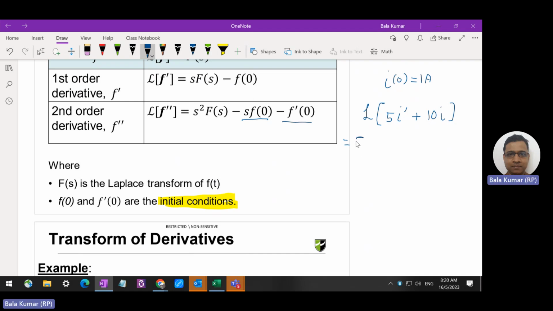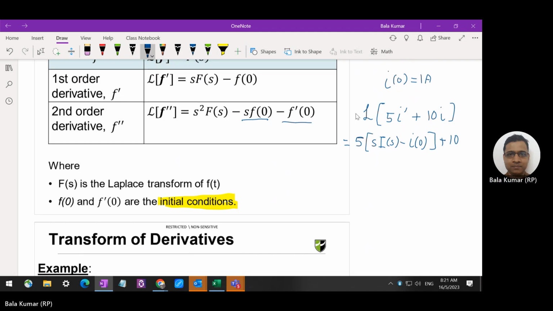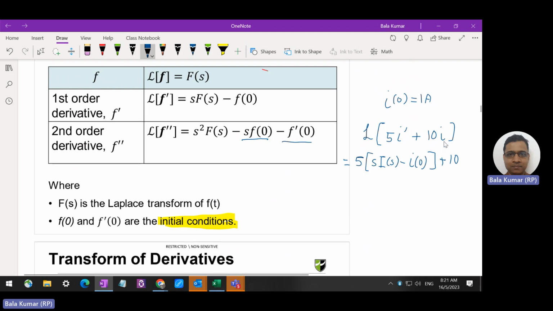So 5, and then our i prime becomes s I(s) minus i(0), which is straight from here. And then plus 10, the i here becomes the capital I(s).